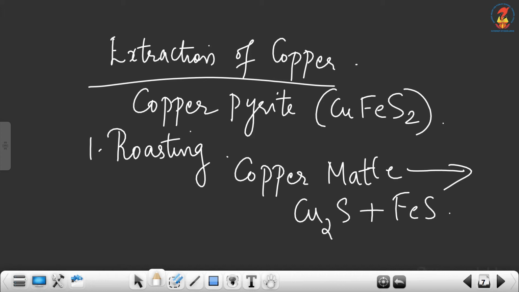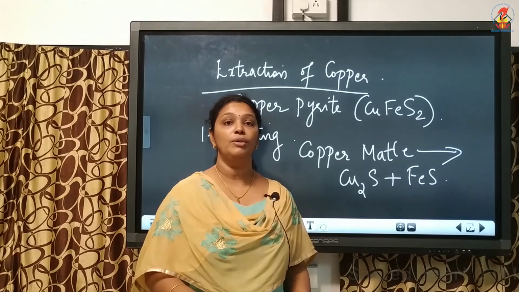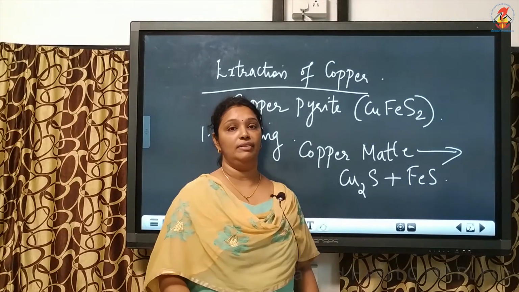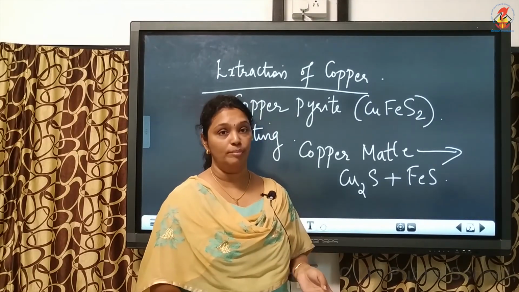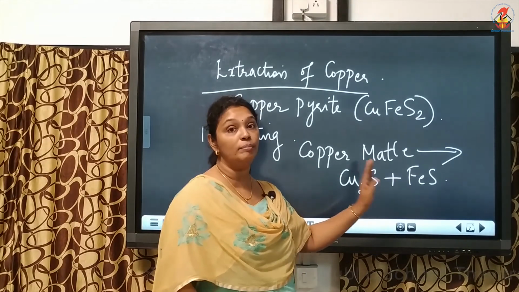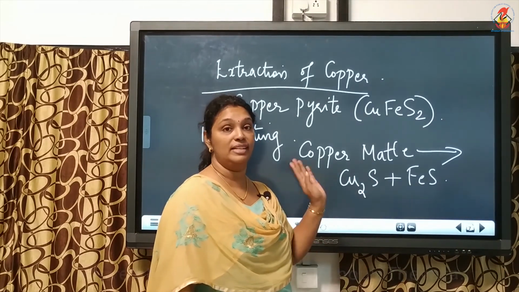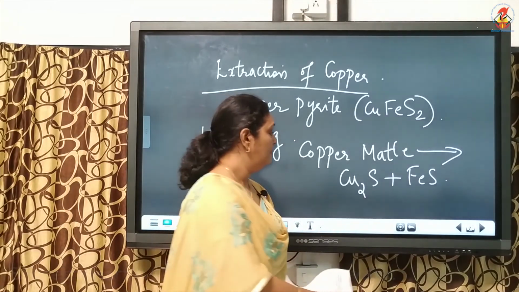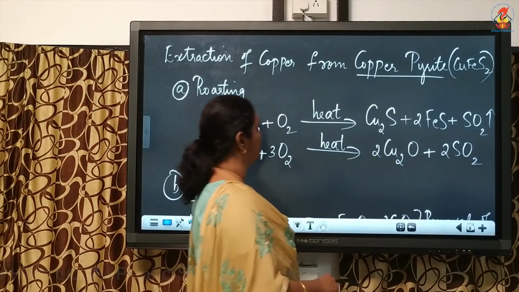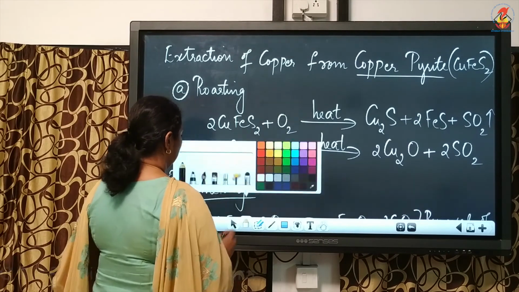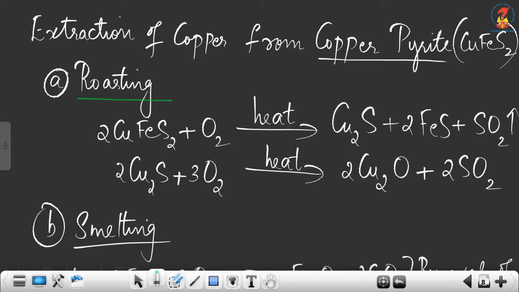Then Cu2S undergoes roasting and gets converted to oxide. In the same way FeS will also get converted to oxide, and finally it is removed. FeS is actually the impurity present; we don't want FeS. So the first reaction is roasting, and you can see here the equation: CuFeS2, that is our copper pyrite, plus oxygen and heat gives copper matte, Cu2S plus FeS, which is a mixture of Cu2S and FeS, plus sulfur dioxide gas.